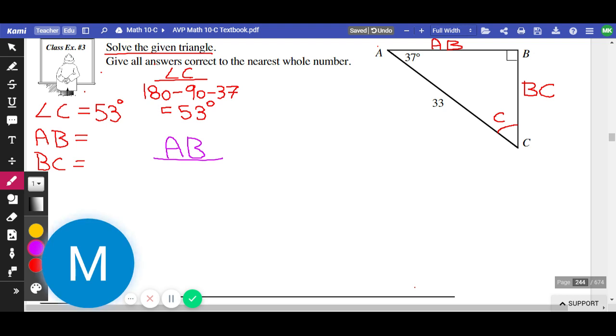I label my triangle based off the angle I know. I know this is 37, and this is opposite, adjacent, and hypotenuse. I'm using SOH CAH TOA.